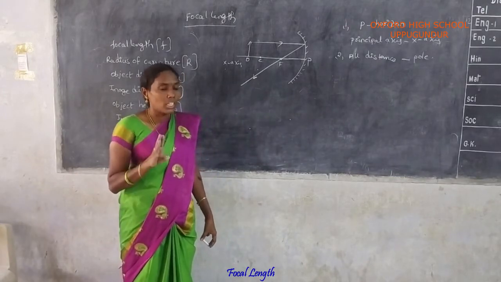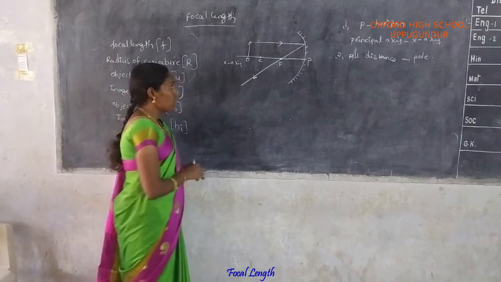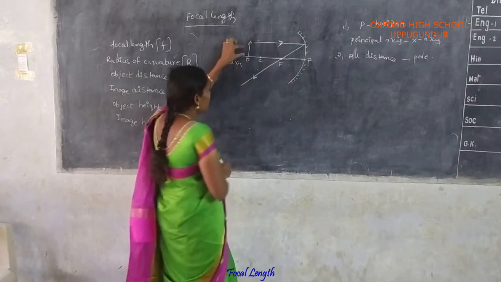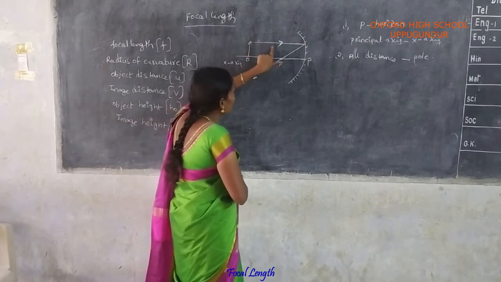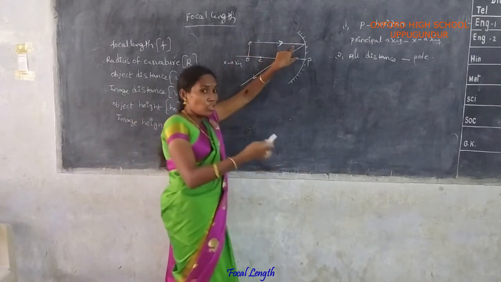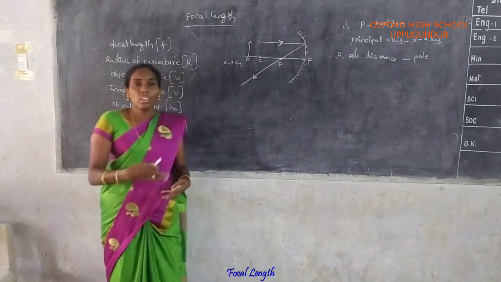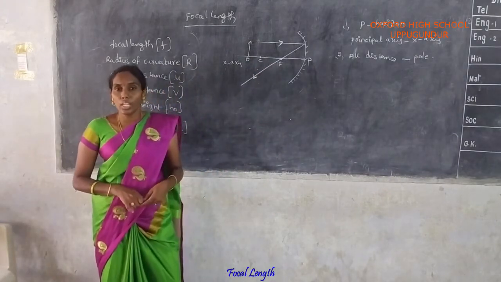And next, the third one: distance measured in the direction of the incident ray is taken as positive. In the opposite direction of the incident ray, it is taken as negative.